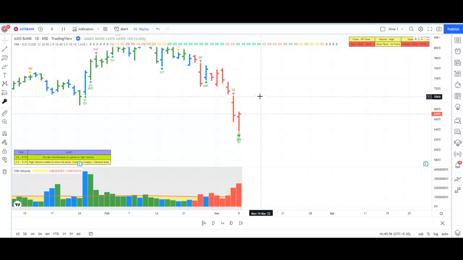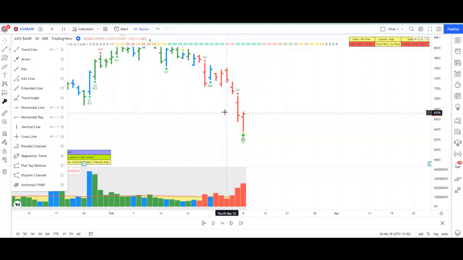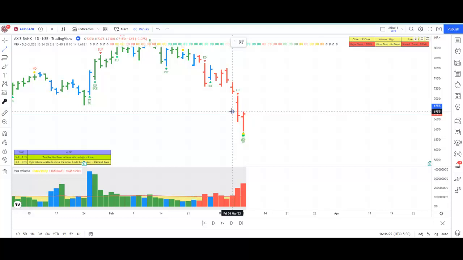So in the next version of VPA, we'll try to make it better to give better clarity on all the SOSs which happen in this bar. But when you have multiple SOS here, it should confirm the strength. So let's first draw the high of the reverse upthrust bar here.